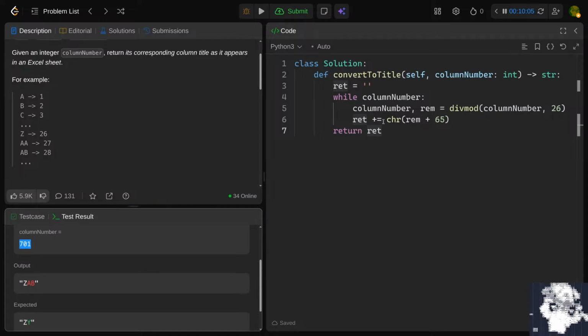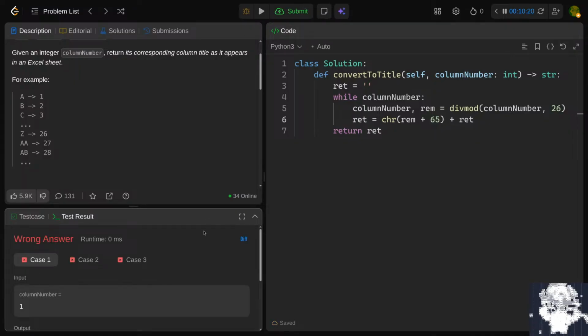Well, first of all, I'm appending stuff in the wrong order. The least significant one should be on the right. So ret equals this plus ret. That's one problem.